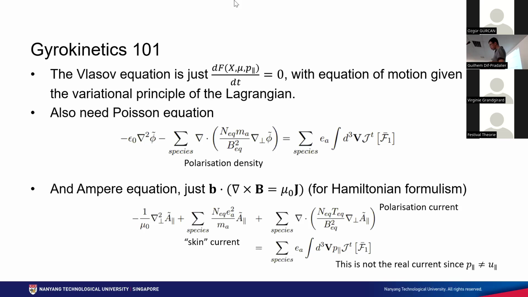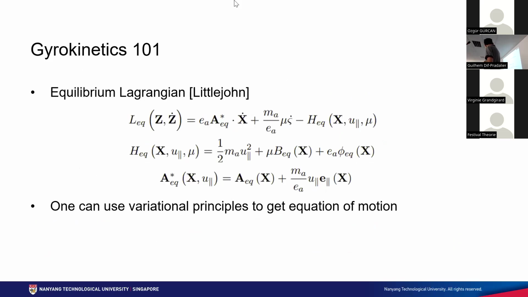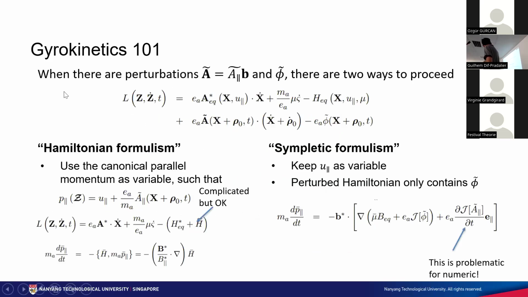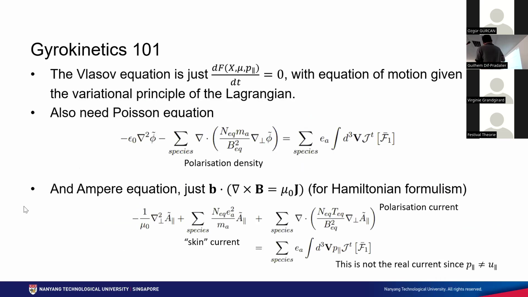The Ampere equation would be just taking the parallel direction of curl B equals mu j. But bear in mind that because we have expressed our quantities in p parallel, not u parallel, we have used canonical momentum and we haven't used the parallel velocity. So when we compute the parallel current, we have to take the moments of the distribution function, but here we can only take the moments of p parallel, not u parallel.